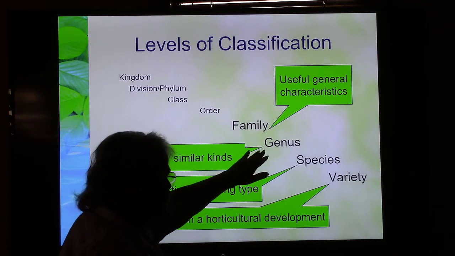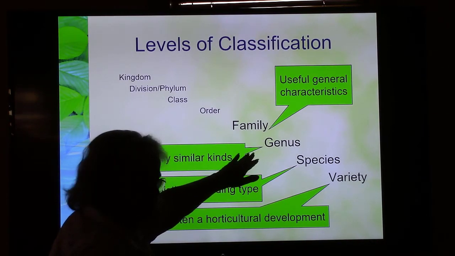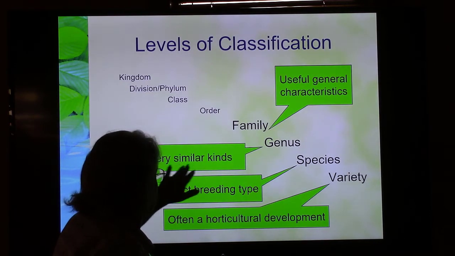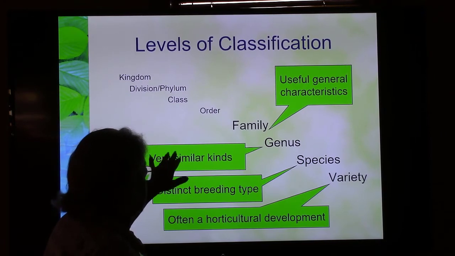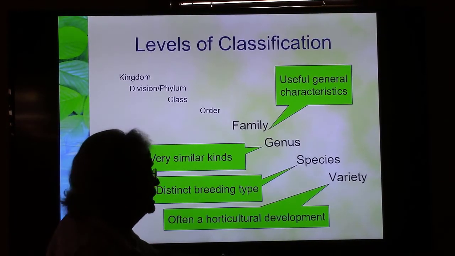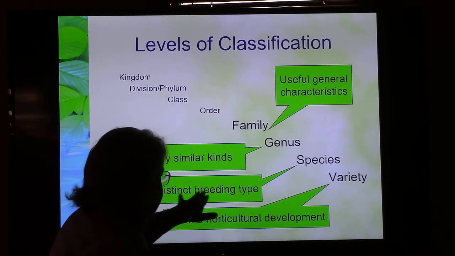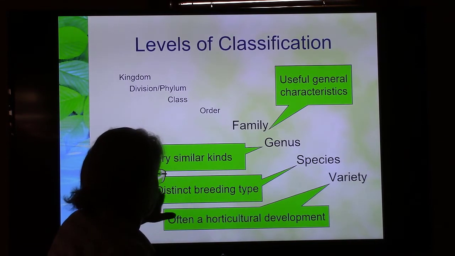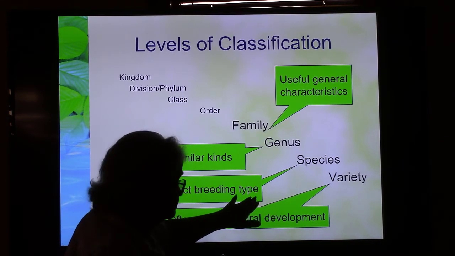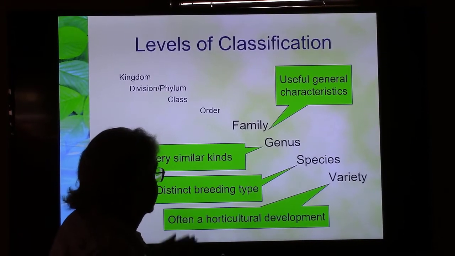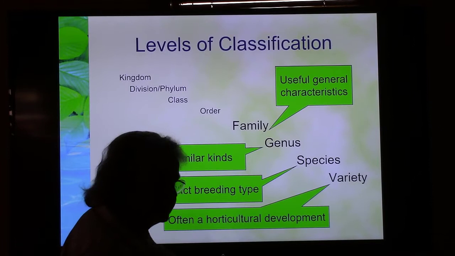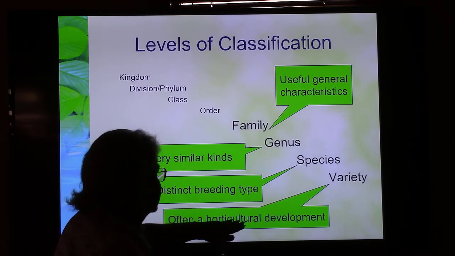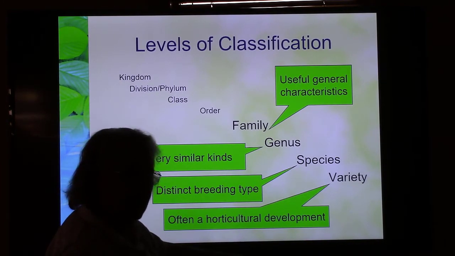Families are broken down into groups called genus groups. Everything in a genus is very similar. Genus is broken down into very particular kinds called species. And as botanists and as horticulturalists, we often break a species down into varieties.